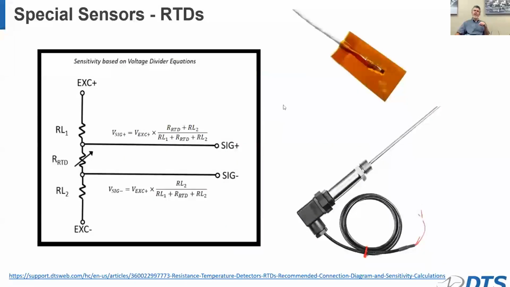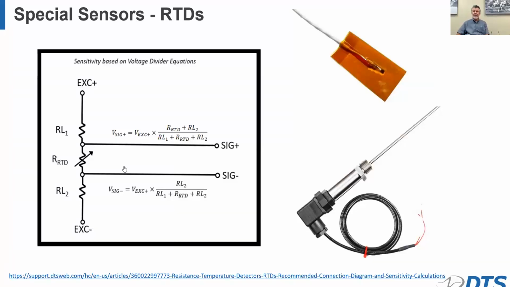Let's talk about another device, resistance temperature devices, or RTDs. They're not super commonly used in our world, but if you want to hook up an RTD, we have a really, really detailed instructional article on our Help Center. So again, simply type RTD into the search box, and you'll get a diagram, which is basically how you hook it up to the data recorder.